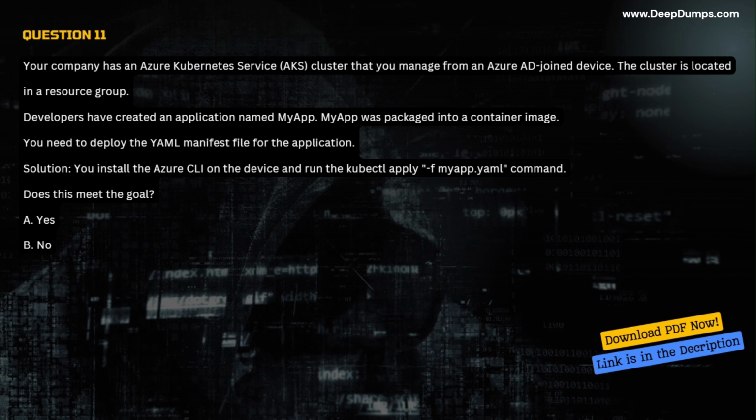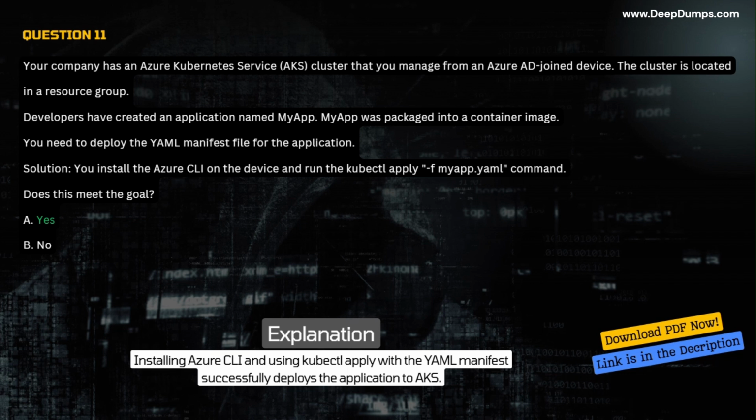Solution: you install the Azure CLI on the device and run the kubectl apply -f myapp.yaml command. Does this meet the goal? A. Yes. B. No. Correct answer A. Yes. Explanation: installing Azure CLI and using kubectl apply with the YAML manifest successfully deploys the application to AKS.